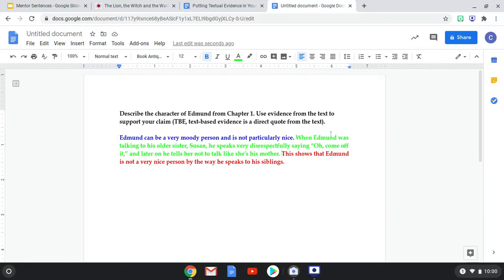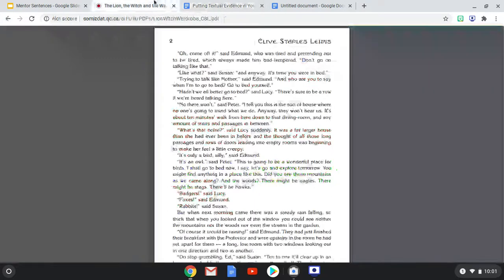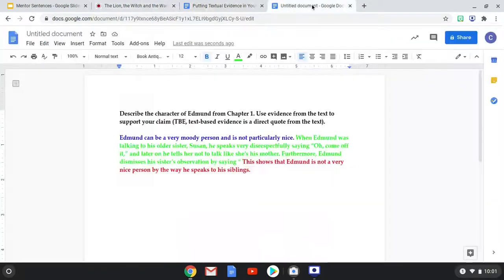I can say, furthermore, Edmund dismisses his sister's observation by saying, and I'm going to put this in quotes, by saying, quote, it's only a bird, silly.